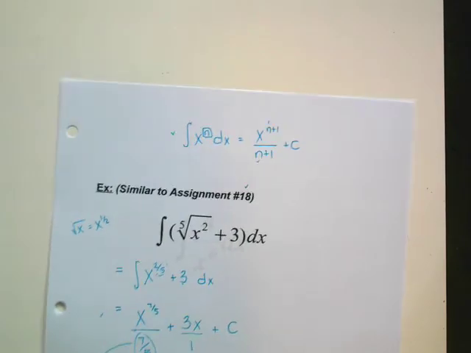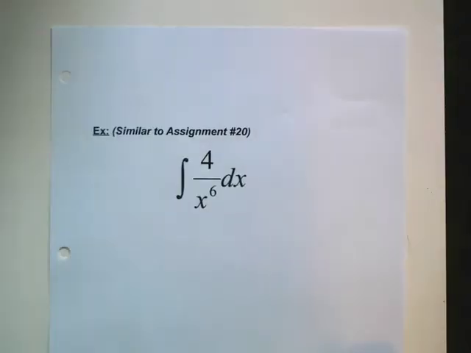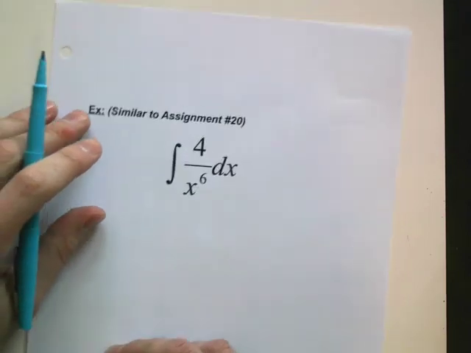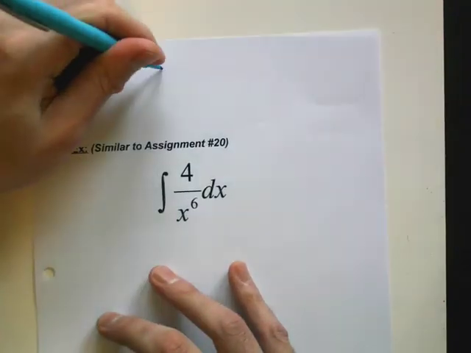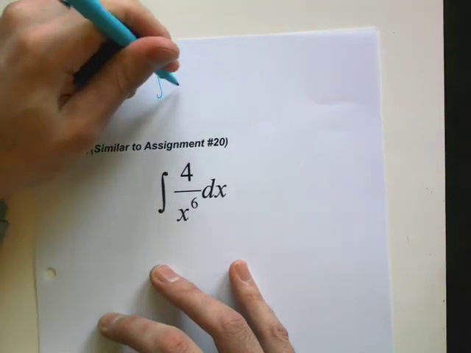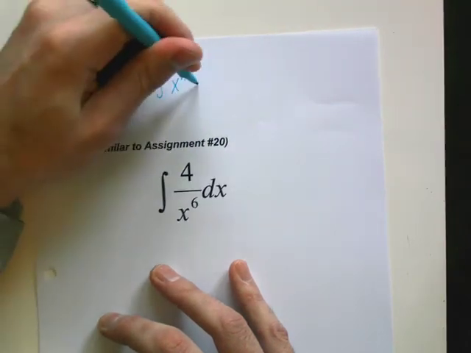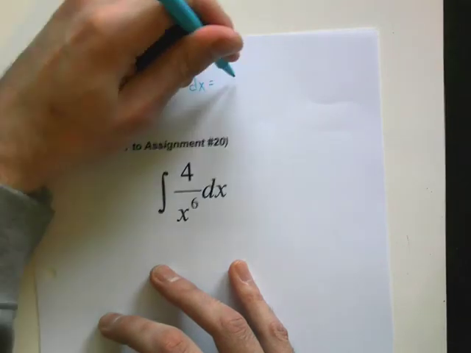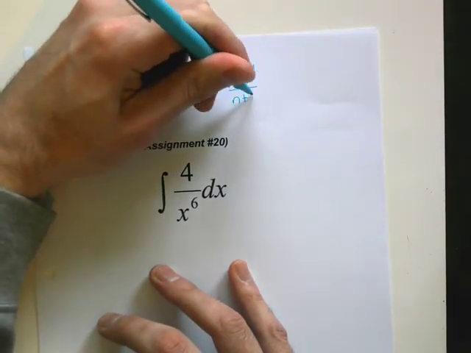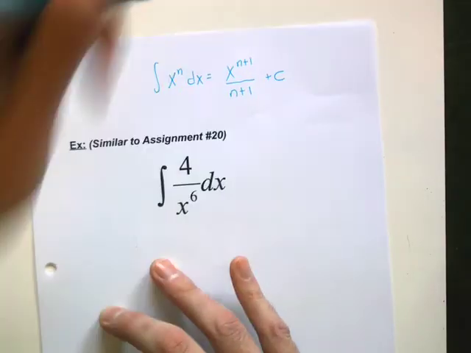All right, let's try one more, and this one should go a little bit quicker. I just want to give you one where you have a variable in the denominator. So x to the n dx is equal to x to the n plus 1 over n plus 1 plus our constant. So let's follow that.